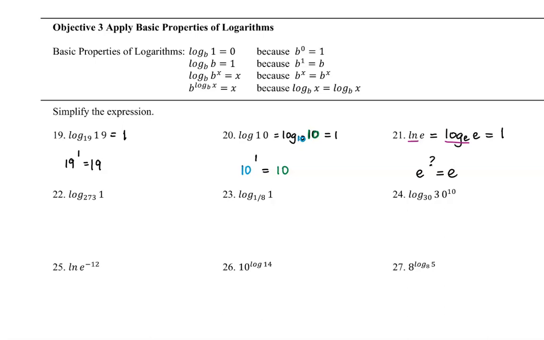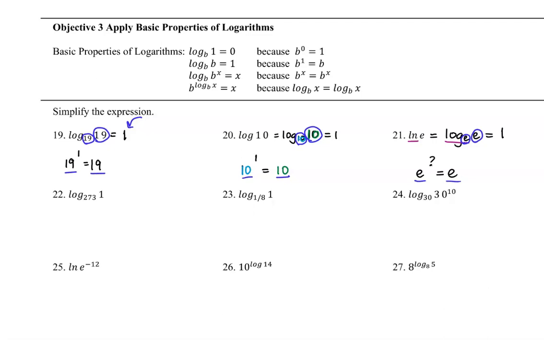So what we see in examples 19, 20, and 21 is that when the base matches what's on the inside of the logarithm, the logarithm evaluates to 1. That's the same thing that happened in example 20, because the base and the inside of the logarithm were both 10, and that's the same thing that happened in example 21. The base and what was on the inside of the logarithm were equal.